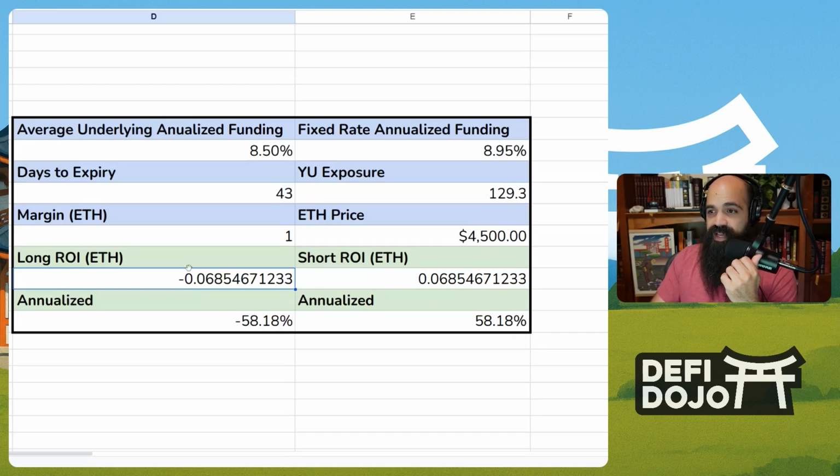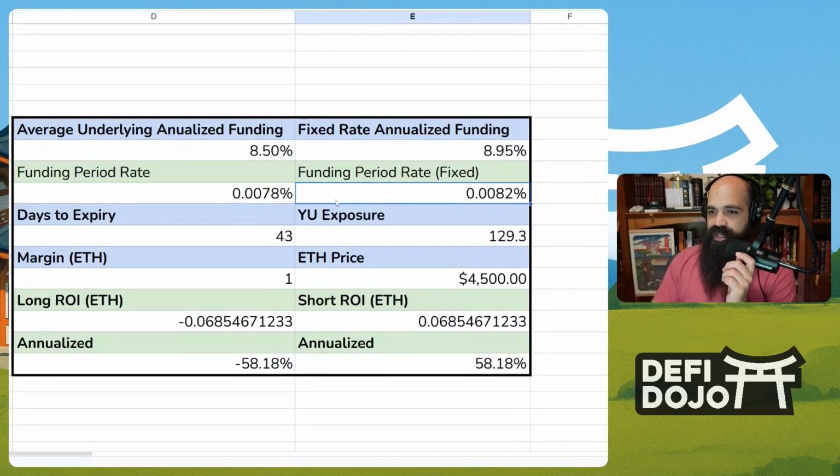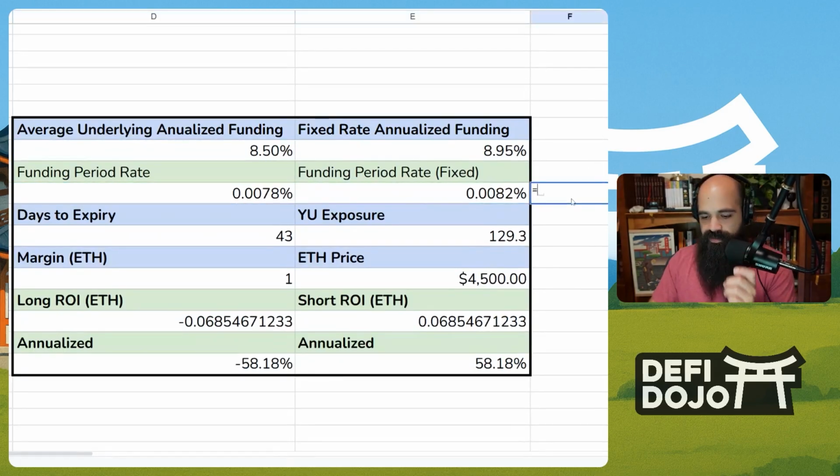Now, why is that? It's because every single period, on average, I would be paying the difference between these two things, which is this 0.45% difference. So you can see here the difference is, I'm just going to do this minus that. It is 0.0004, and I could make it even larger into 4.1.